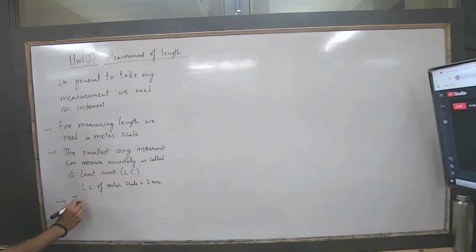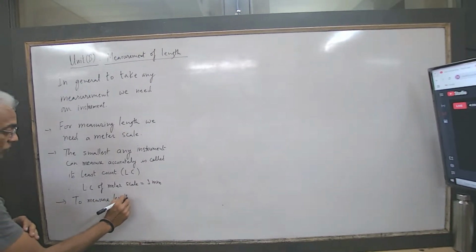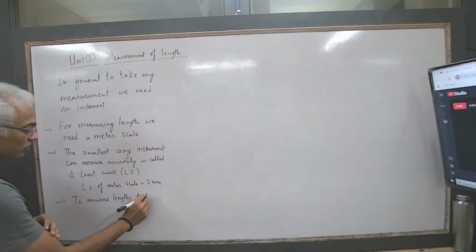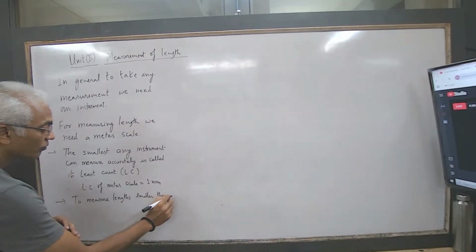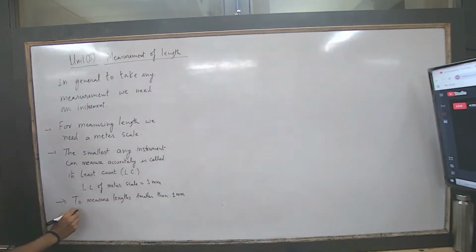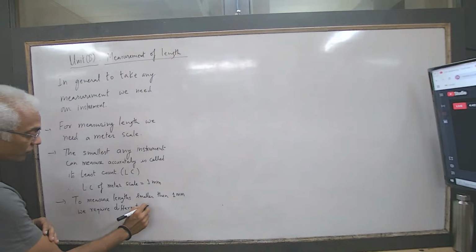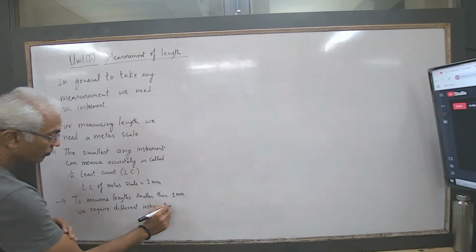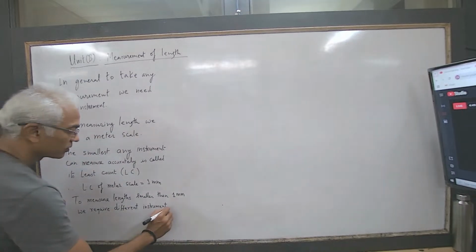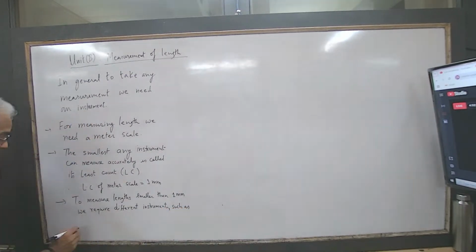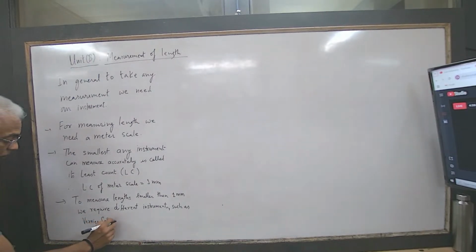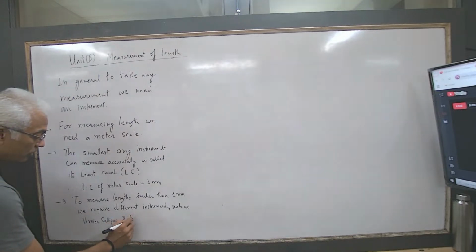To measure lengths smaller than 1 millimeter, we require different measuring instruments, such as vernier calipers and screw gauge.